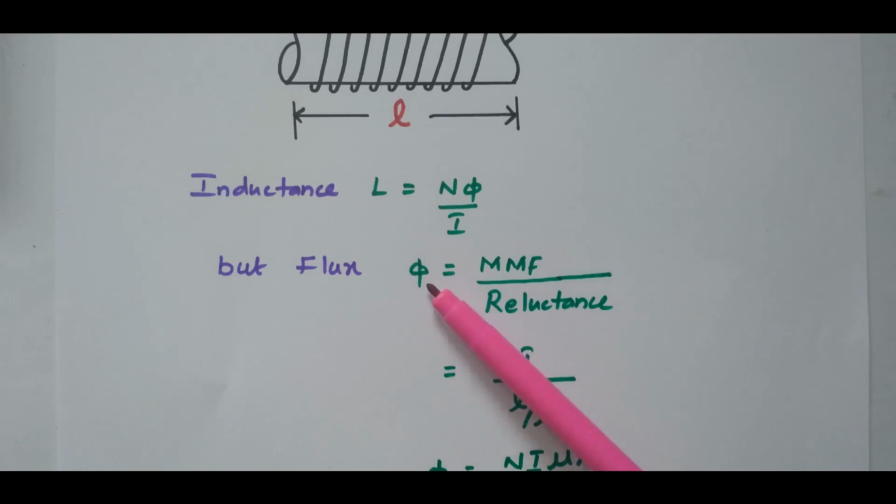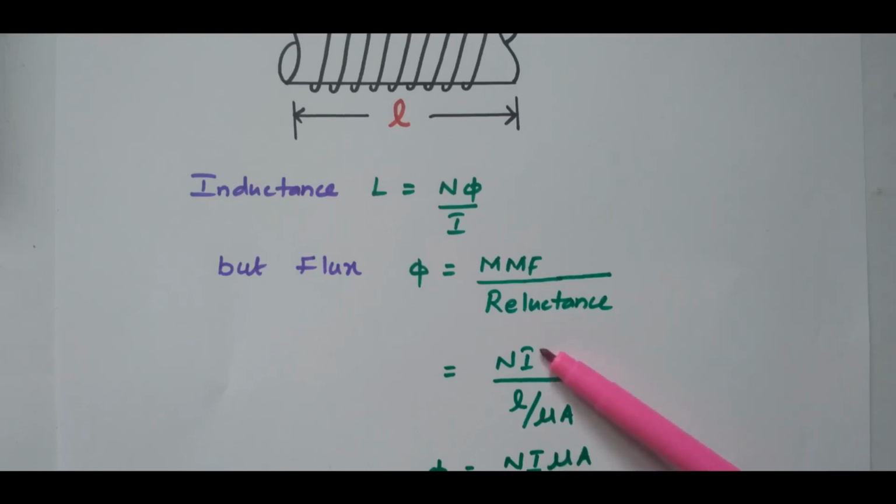From that we get flux equal to mmf by reluctance. This mmf is nothing but N into I, number of turns into current. These are all only general formulas. Then the reluctance is very similar to resistance. So it is L by mu A. Resistance means rho L by A. Here L by mu A. Resistivity, here we have the mu. So this mu A can go to the numerator.